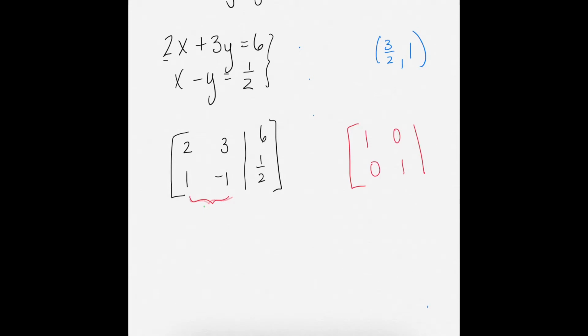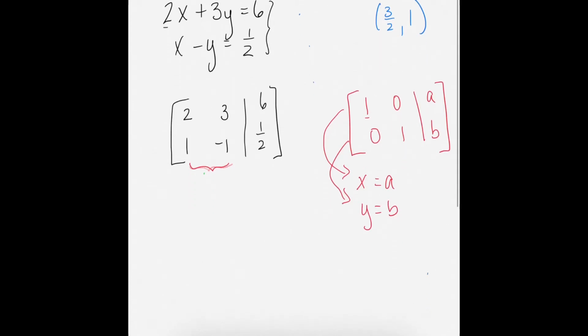So 1 and 1, 0 and 0, and then we'll have some number, I'll say A and B here. The whole point is that this first row means 1 times x, the coefficient 1 of x, plus 0y equals some number A. And the second row means 0 x's and 1 y would equal B.